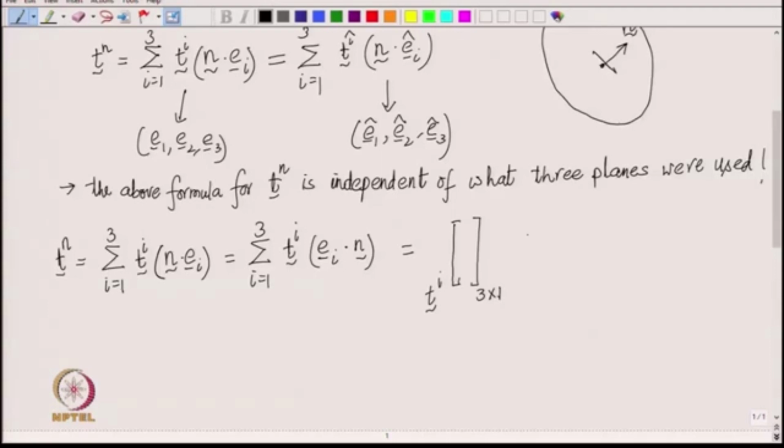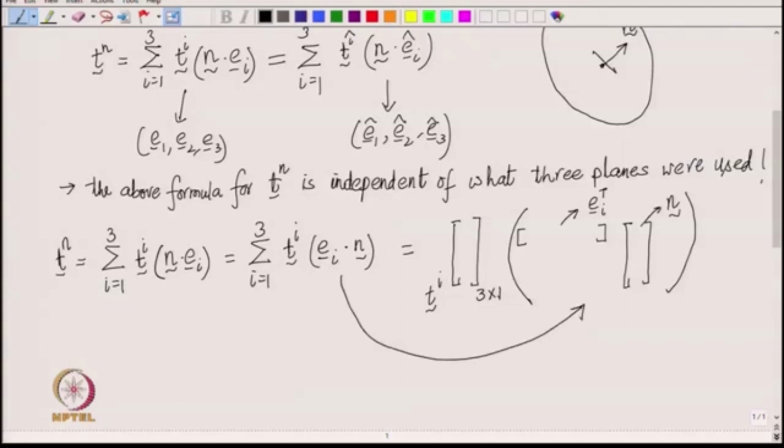So, let us take the transpose of Ei, so it becomes a row. This is Ei transpose, and then multiply this with n, the column n. So, we first do the dot product, Ei transpose times n, within the bracket. Okay.